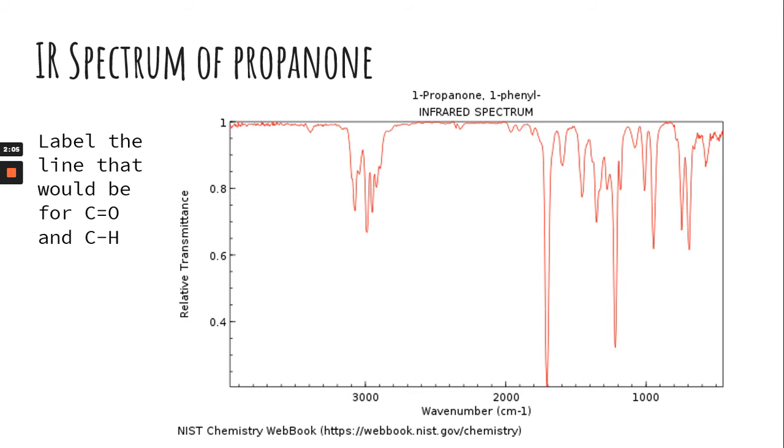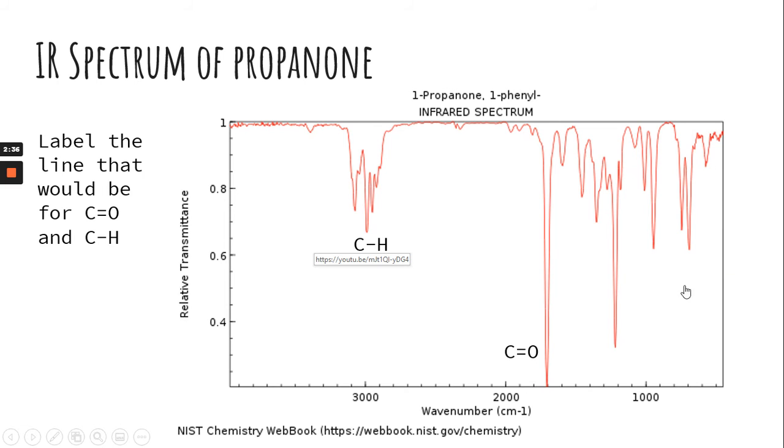So for example, we have our spectrum of propanone, and we want to see where is that carbon double bonded oxygen, and then where would a carbon and hydrogen be. We can look in our data booklet, and we can see that ketones, which is what propanone is, form a peak at about 1700 for the carbon double bond, and then this area up here would be our carbon-hydrogen bond.